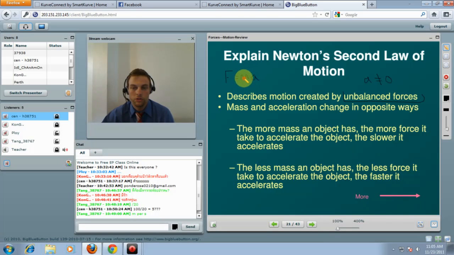When you have just two letters next to each other, it's the same as m times a. This is just how people in physics tend to write it. F equals ma. You just know that it means multiply.